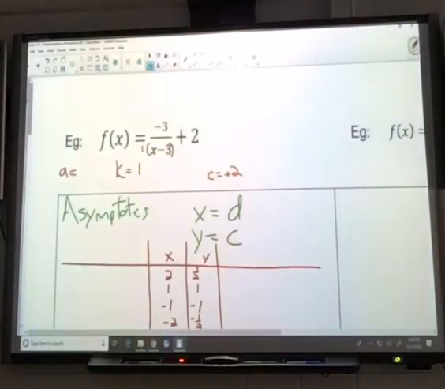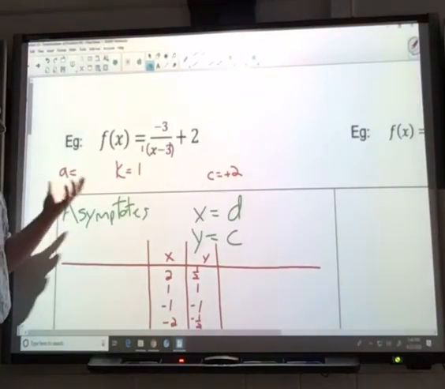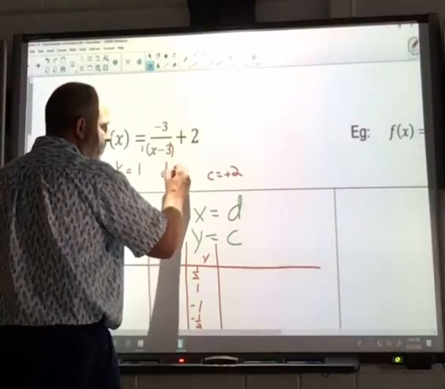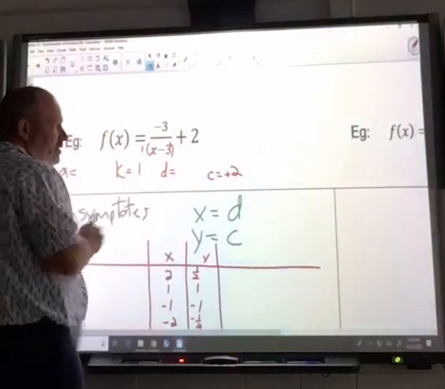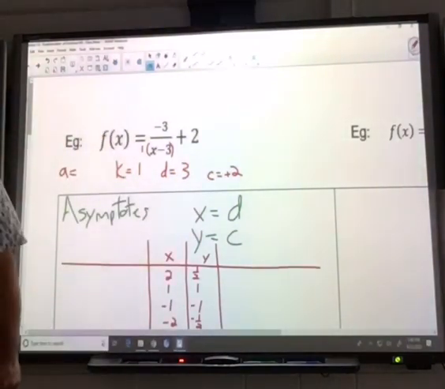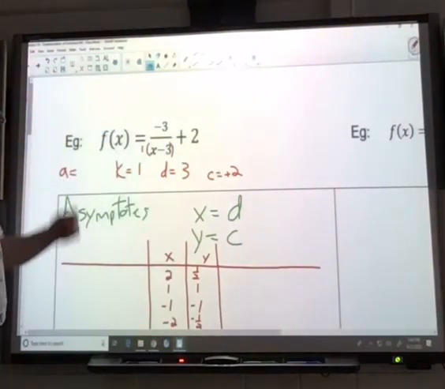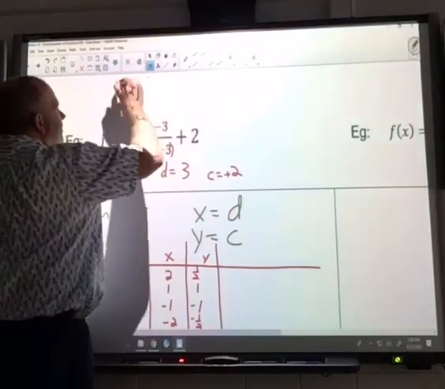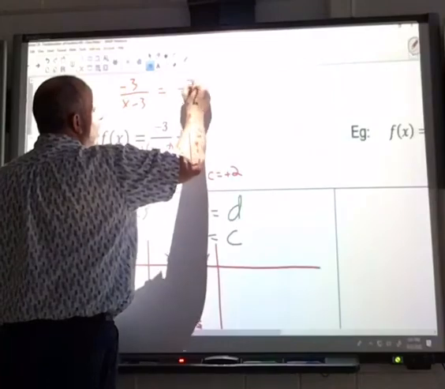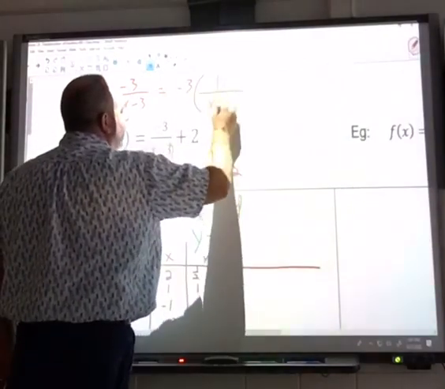And the outside of the function is always where we find C and where we find A. But you say to yourself, well, where is A? Well, D I can see. D's not too bad. Right? It's an x minus 3 in there. So I just say change the sign and I get a positive 3. Okay? And then I make decisions. And the decisions that I make from here on in are more about, well, where is A? If you look at this more carefully, this -3 over x minus 3, in reality what that really is is -3 over 1 over x minus 3.